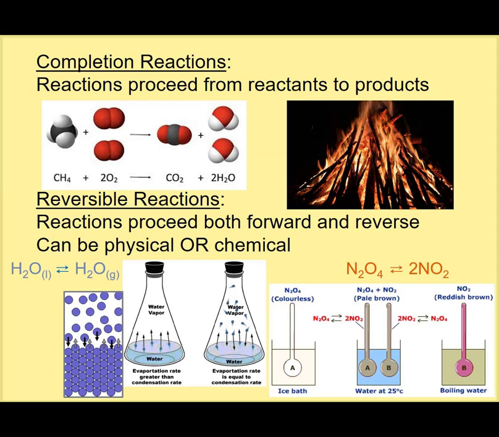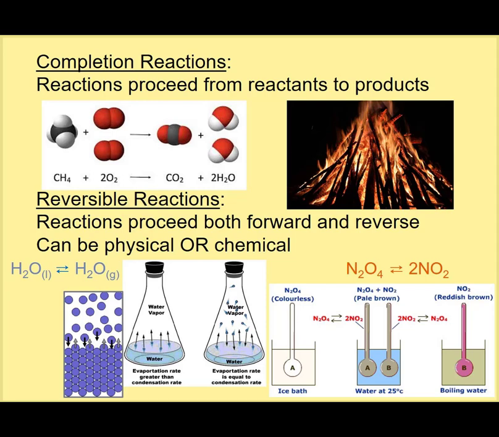The opposite of a reversible reaction is a complete reaction. So in complete or completion reactions, the reactants proceed from reactants to products, and there's really no way for the products to form reactants, for it to go reverse. And that is because the disorder, or the entropy, is so high that you're just not going to form those reactants again. A good example of a completion reaction is a combustion reaction.